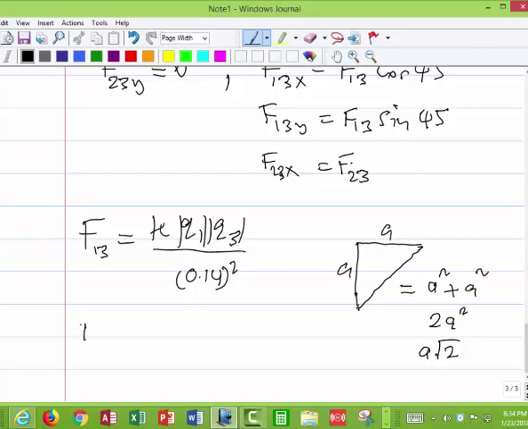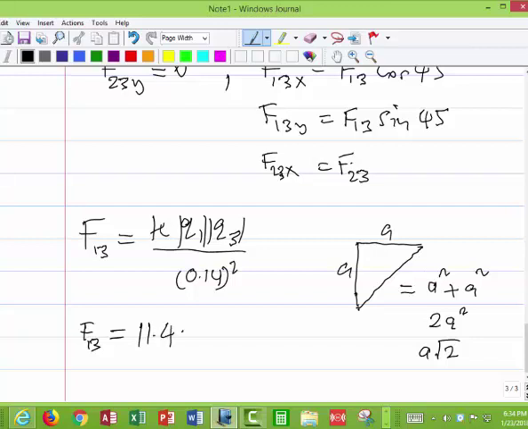So from here, what did you get for F13? What was the answer for F13? Just this itself. 4.59. What did you get? 4.59. Is everybody getting 4.59 for F13? No. What do you have? I got 11.47.